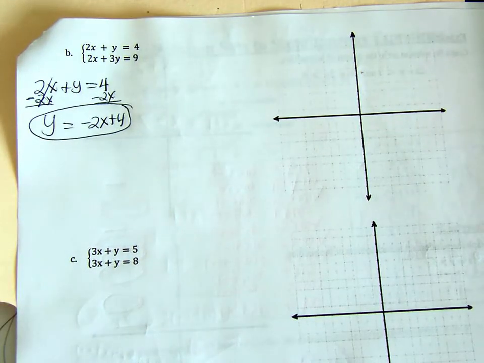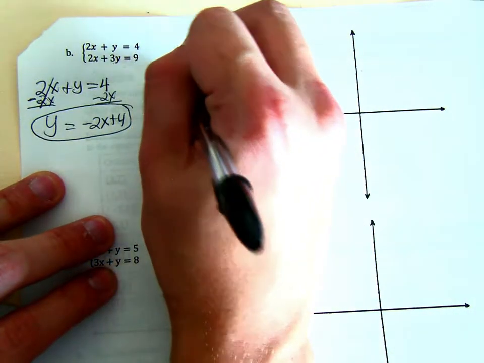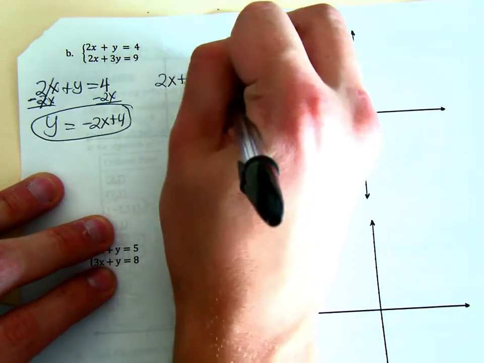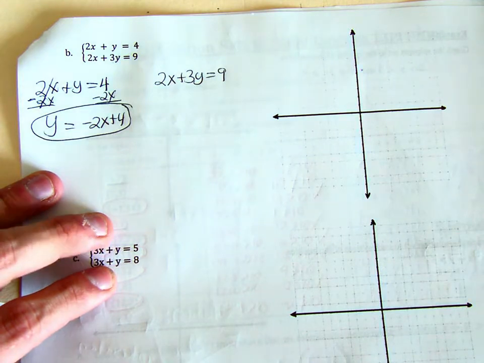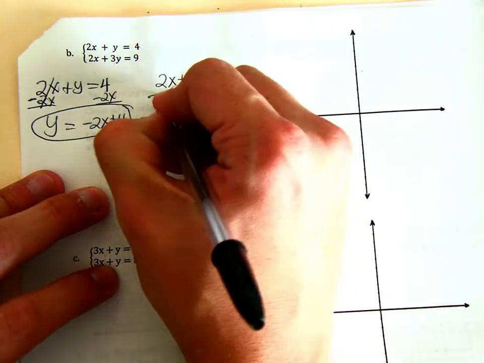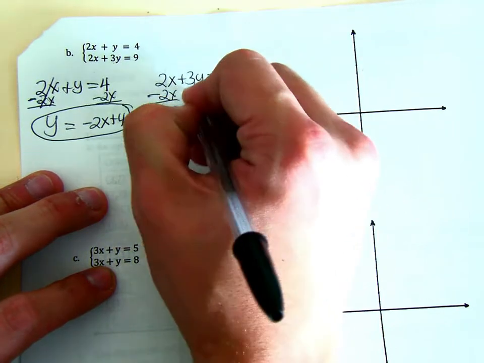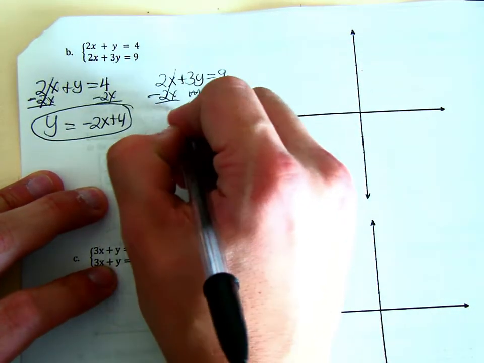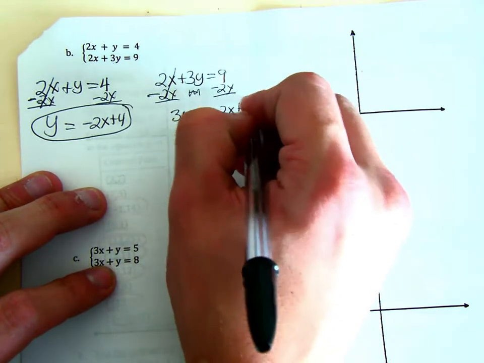Okay. And then I want to solve my other one. 2x plus 3y is equal to 9. I'm going to solve this for y. So I'm going to subtract 2x on both sides. So I'm going to get 3y is equal to negative 2x plus 9.